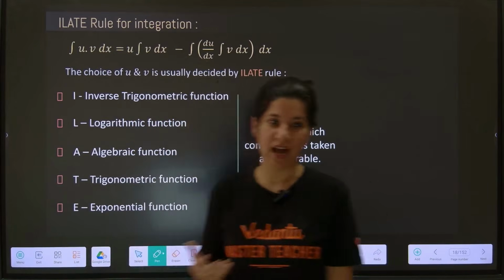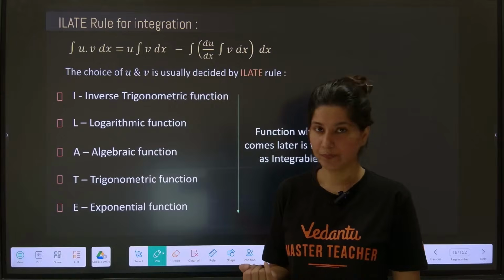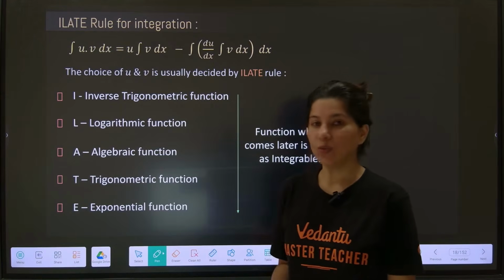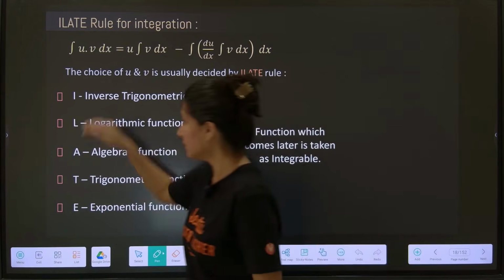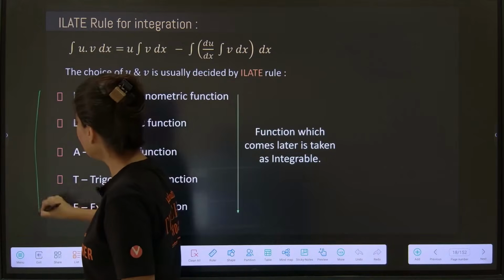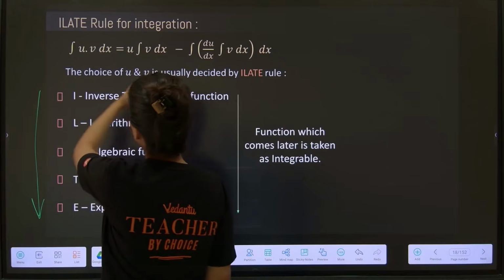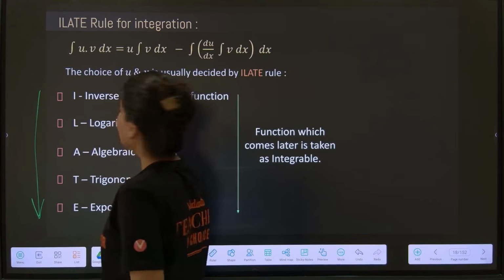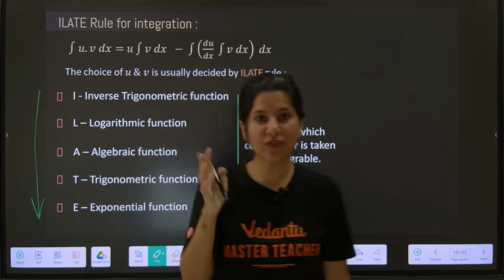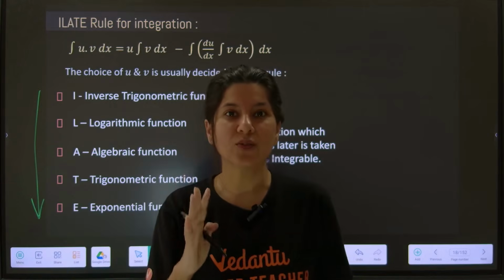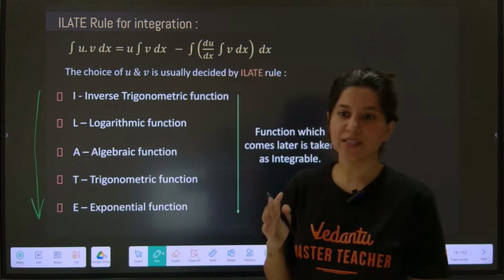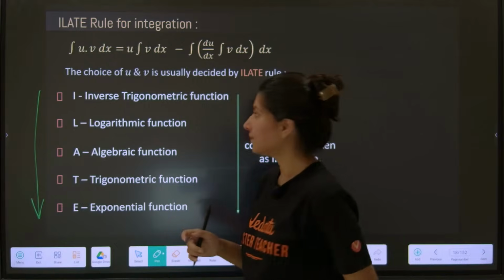For that we have the ILATE rule. The ILATE rule says that the preference will be given in this order. The first priority will be inverse trigonometric functions. So whenever you see two functions and you see sine inverse x or cos inverse x or tan inverse x, mark this as first function.